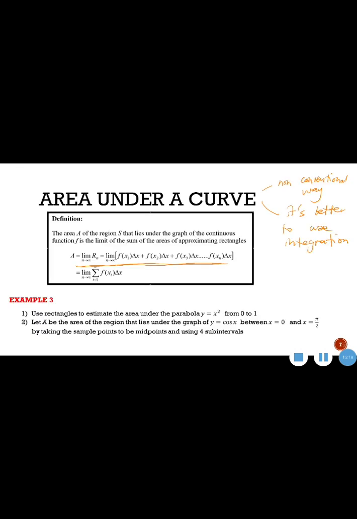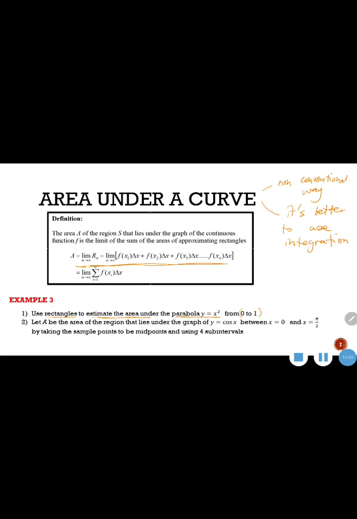Okay, so now we want to do example 3 for question number 1. Let's look at the question again. The question wants us to use rectangles to estimate the area under the parabola y equal to x square from 0 to 1.